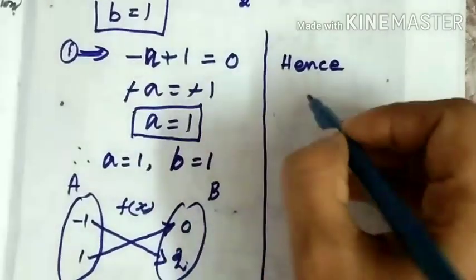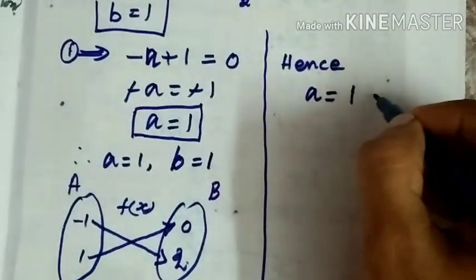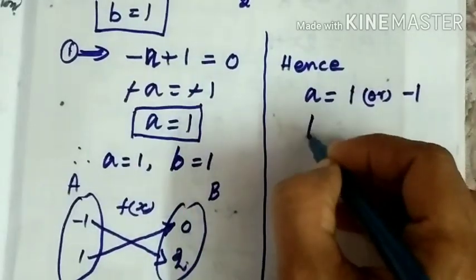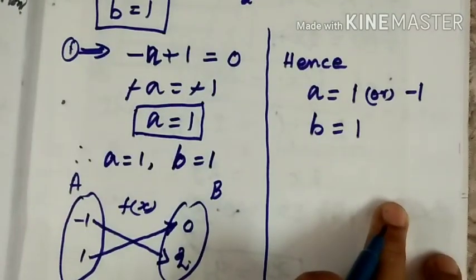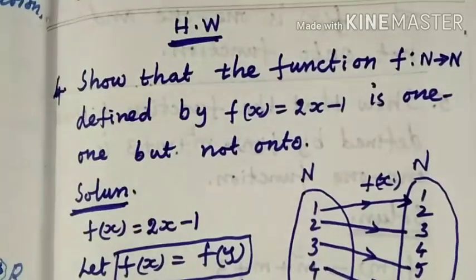Hence, the value of a equal to 1 or minus 1 and b equal to 1. This is the answer for this question.